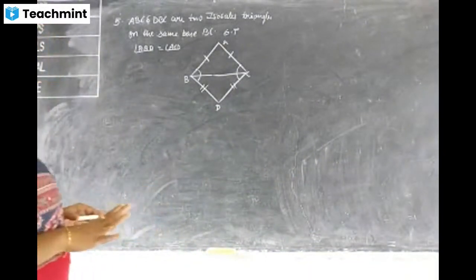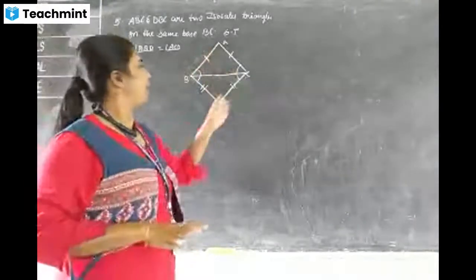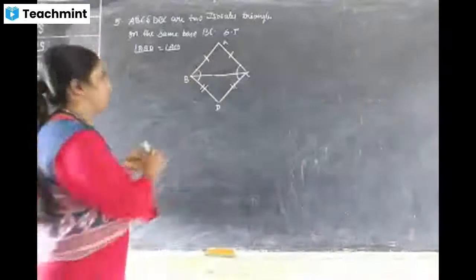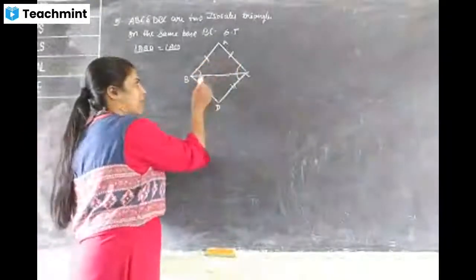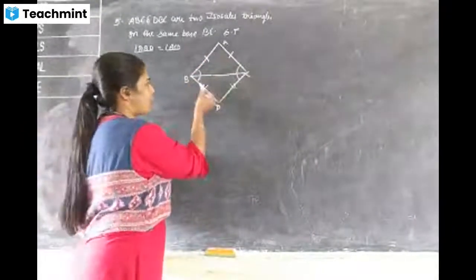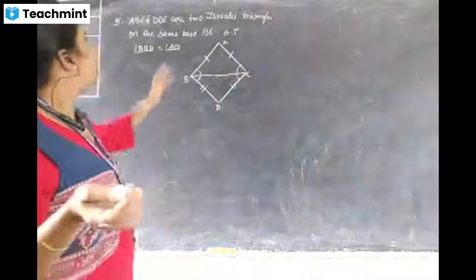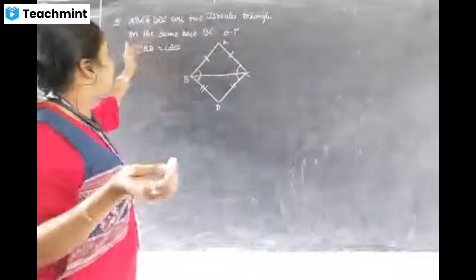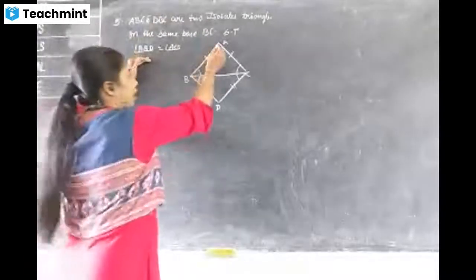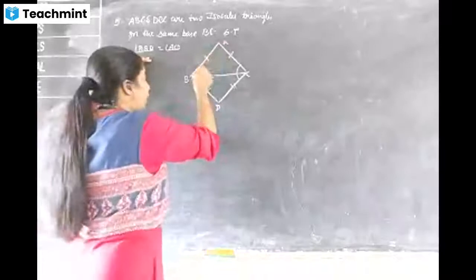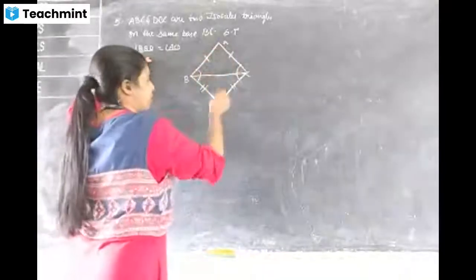ABC and DBC are isosceles triangles, correct. They said these two are equal, so base angles are equal, and even these two are equal, on the same base, so base angles are equal. That's given. Now show that ABD, see how they covered. We must show ABD and ACD.